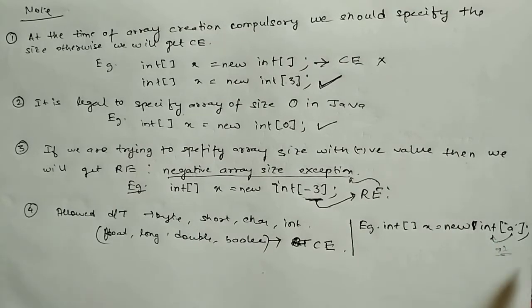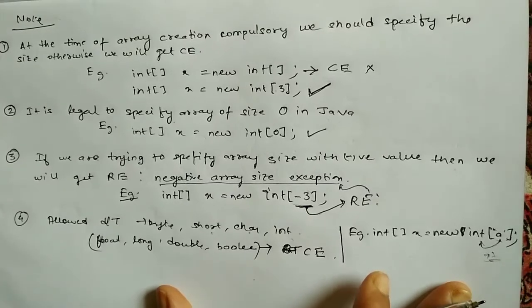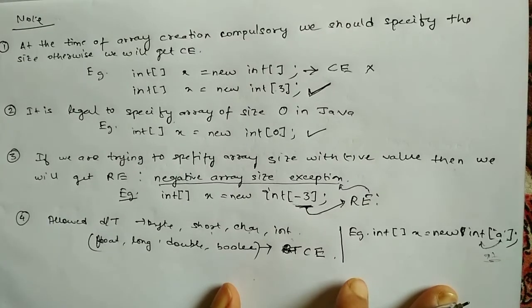So we can declare byte, short, character, and int inside the array block. But if we declare float, long, double, boolean, then we will get a compile time error. These are all the 4 points we have to keep in mind when we are declaring or creating an array.